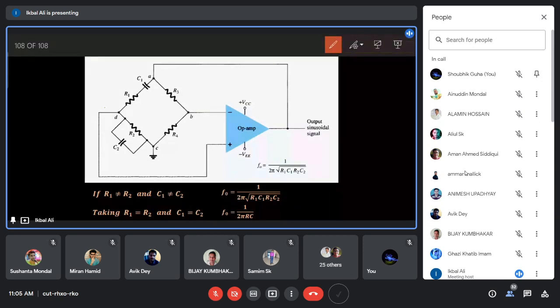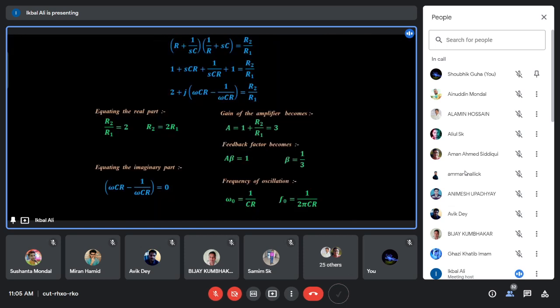The entire circuit can also be drawn in the bridge fashion. So this may be the P, this may be Q, this may be R, this may be S. That is the Wheatstone bridge, the PQRS format. That is why it is popularly known as a bridge, and that is why it is called the Wien bridge oscillator.